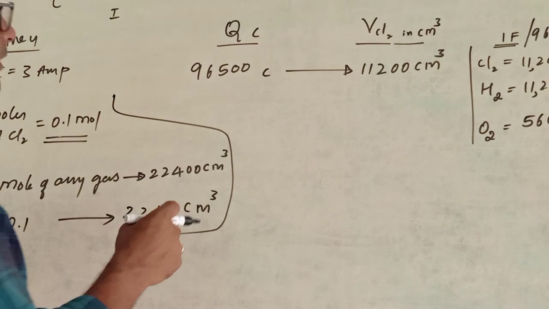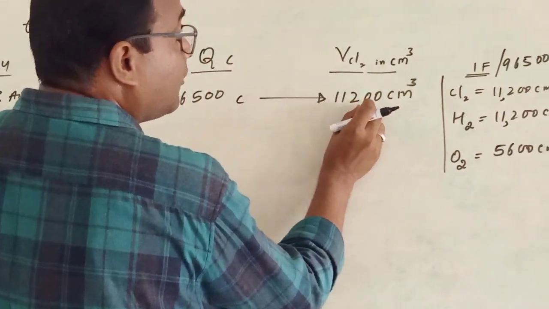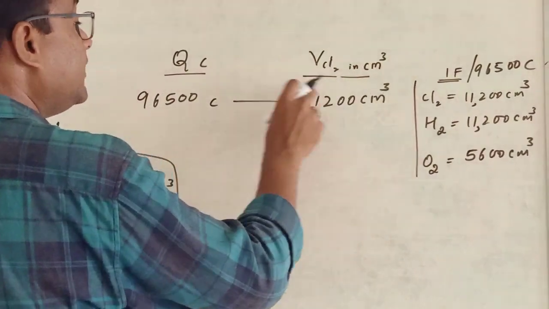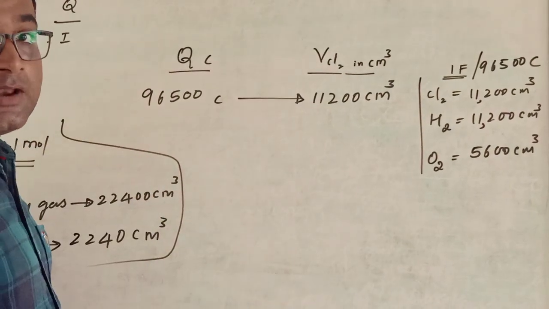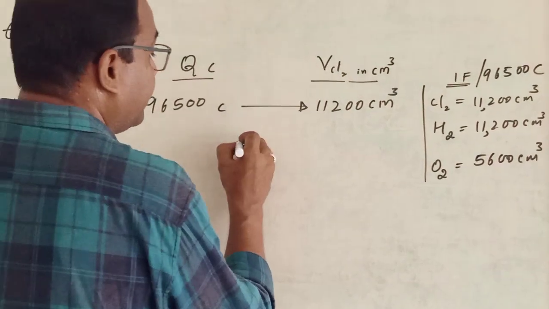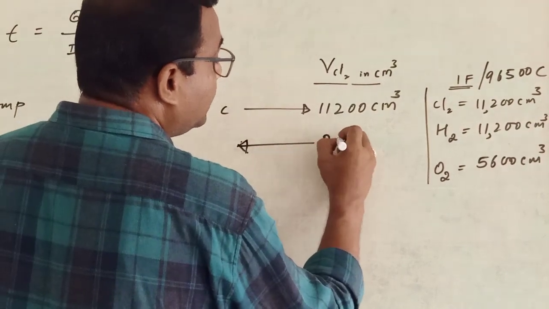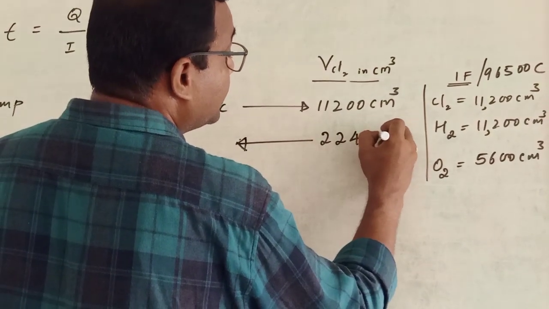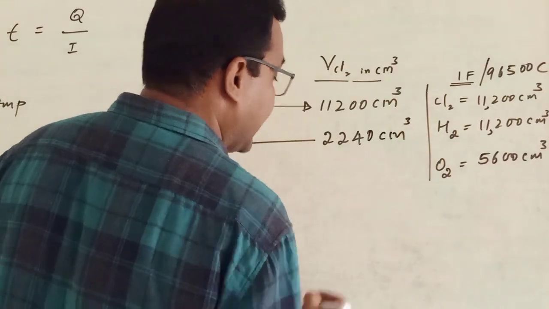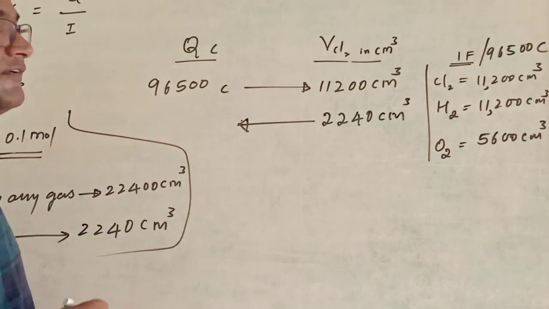Then, when 11,200 cm cube of chlorine gas is released, 96,500 coulombs of current is required. Then for 2240 cm cube of gas, what quantity of current is required?